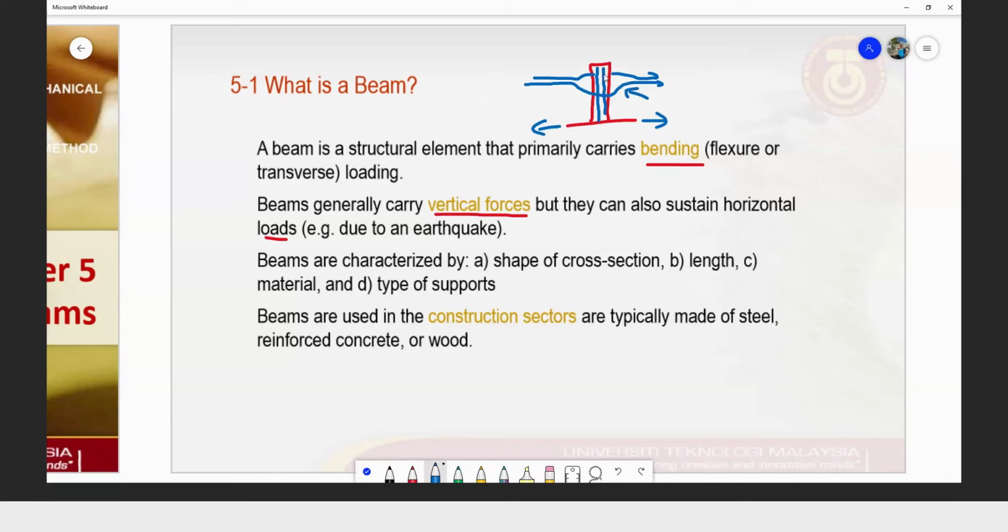So benda ni pun influenced by the aerodynamics, not only from the earthquake as well. So kat sini pun boleh letak lah, you can add here, which is this also may came from not only earthquake, but it may came from aerodynamics.